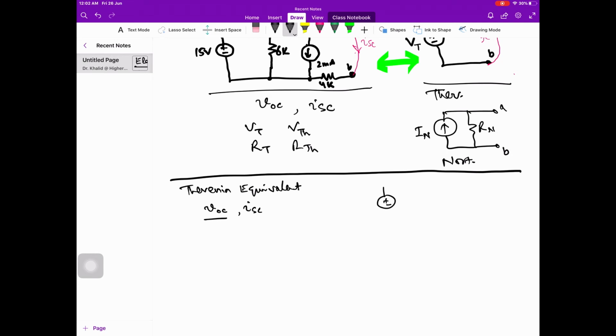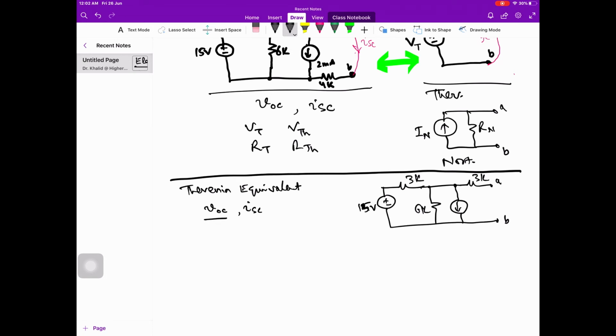In finding V open circuit, in this example over here, 15 volt, 3K, 6K, 3K, and a current source over here of 2 milliampere.